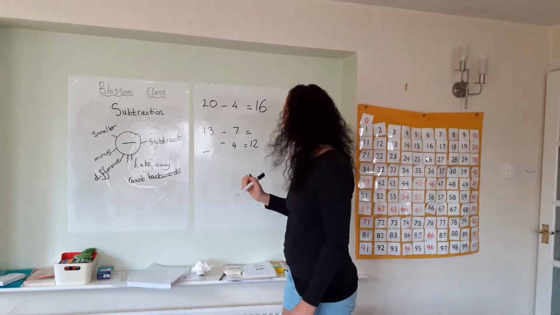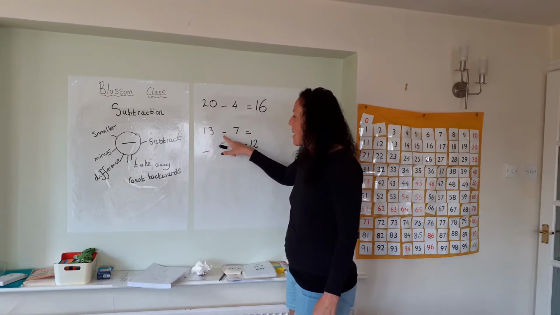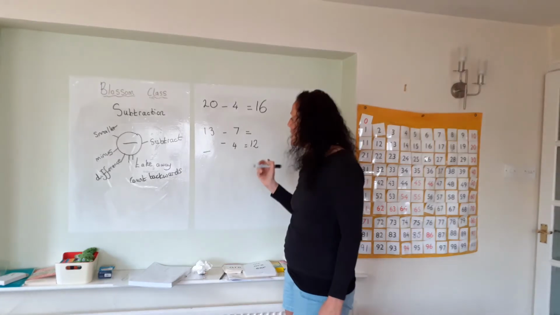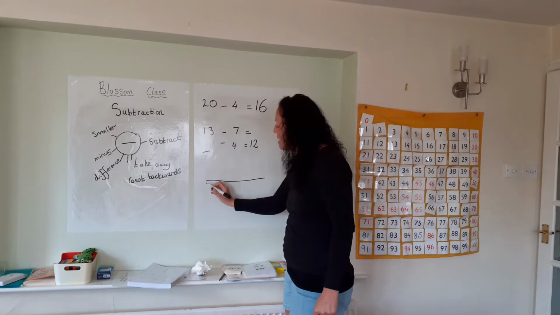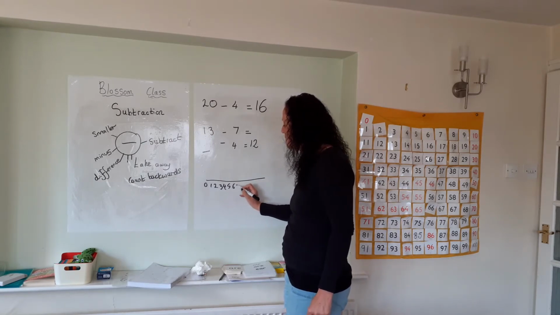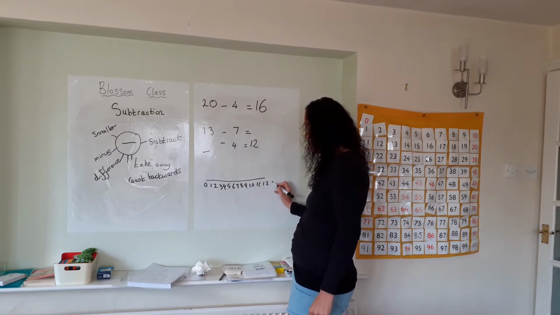16, okay. So let's think about this one. 13 minus subtract 7 equals what? So that's what we're trying to look at. So with that one, if Mrs. Shaw was to draw a number line here, so 0, 1, 2, 3, 4, 5, 6, 7, 8, 9, 10, 11, 12, 13, 14.